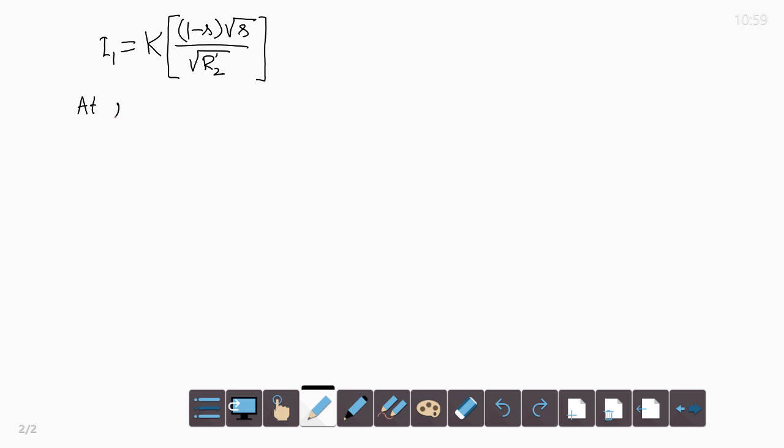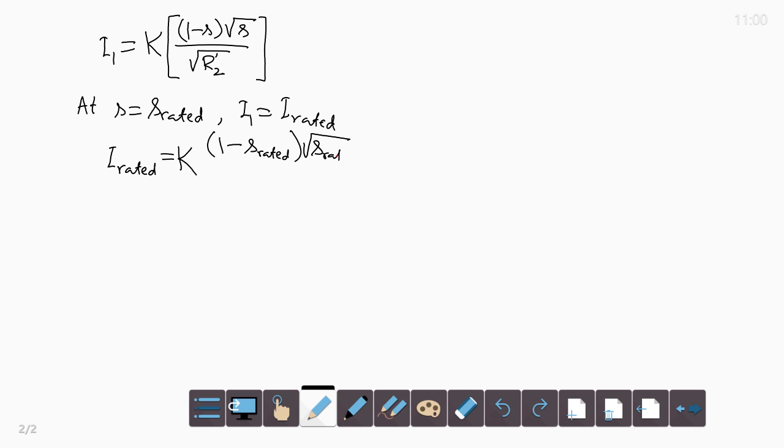When s is the rated slip, s rated, I1 equals the rated stator current I rated. So, you can write I rated equals k (1 minus s rated) into root over of s rated divided by root over of R2 dash, by substituting s equal to s rated and I1 equal to I rated.